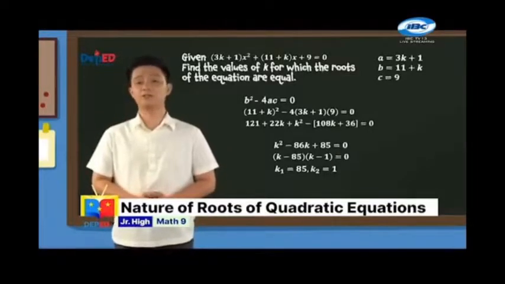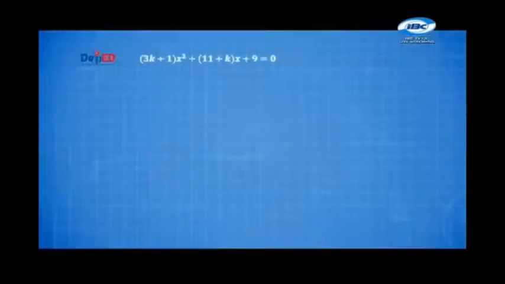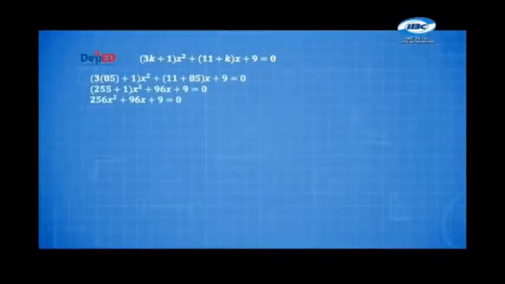Substituting the obtained values of k, the equation can be written as 256x squared plus 96x plus 9 equals 0 when k is equal to 85.